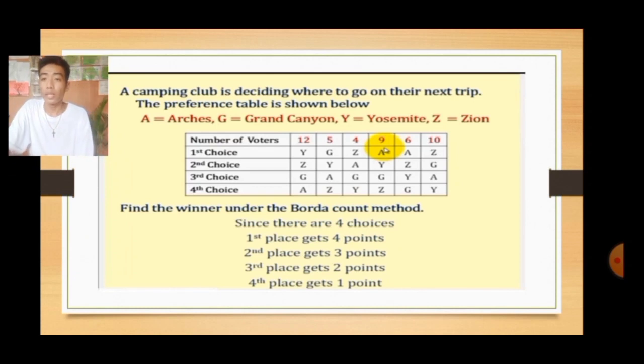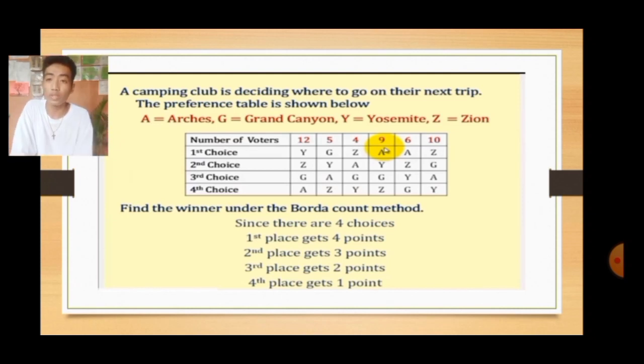A camping club is deciding where to go on their next trip. The preference table is shown below. A equals Arches, G equals Grand Canyon, Y equals Yosemite, Z equals Zion.